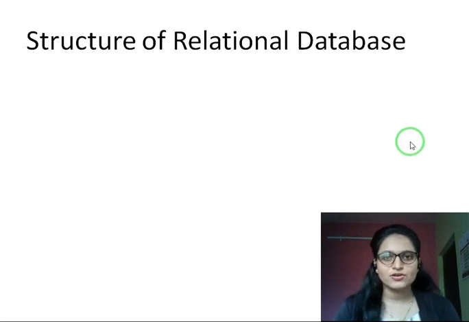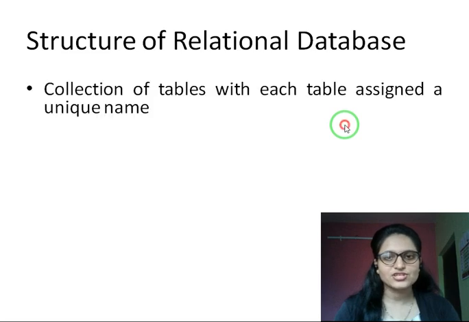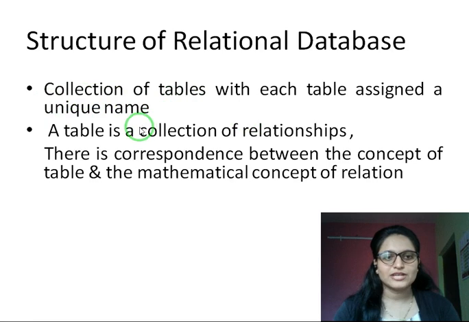So what is the structure of the relational data model? It is a collection of tables. A relational database is a collection of tables, and each table is assigned a unique name. A table is a collection of relationships. You already studied the relation concept in discrete mathematics. So what is a relation?